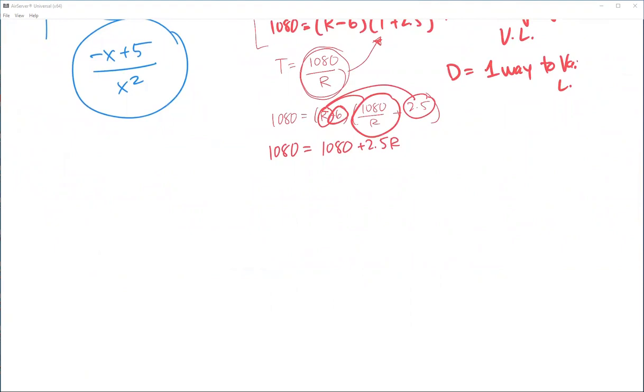What's 6 times 1080? It's 6480. So it'll be minus 6480 over R, and minus 6 times 2.5 is minus 15.